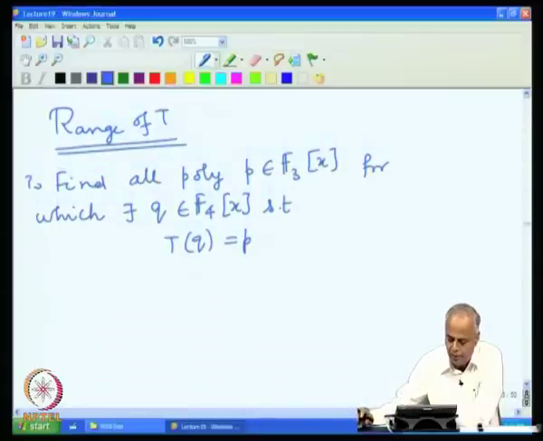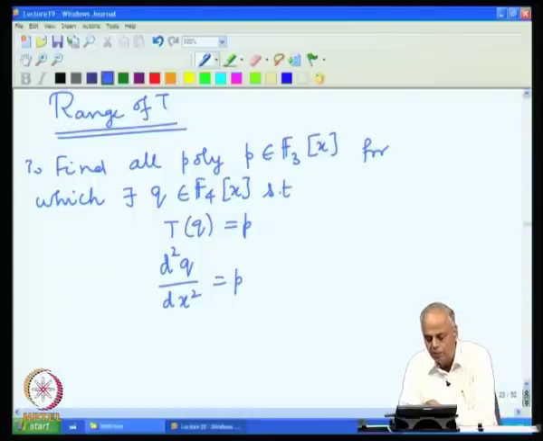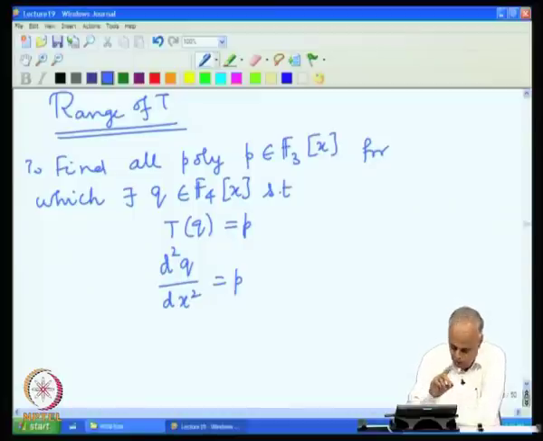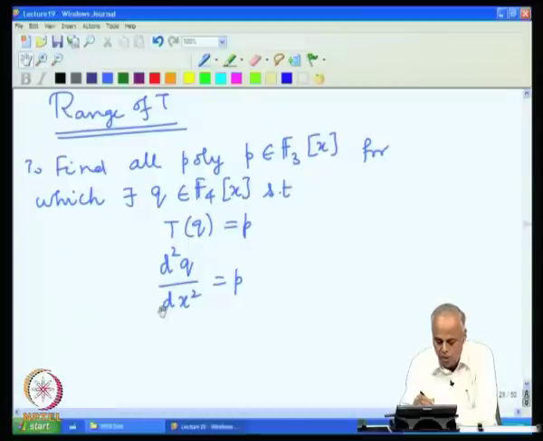If we want TQ to be equal to P, since T is defined as d squared Q by dx squared, we want to find those P's in F3x for which we can find a Q in F4x so that d squared Q by dx squared is equal to P. Now, if Q has to be in F4x, it is a polynomial of degree less than or equal to 4, and so when we differentiate it twice, it will lose 2 degrees.